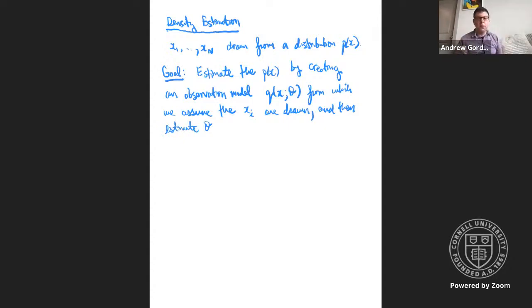So let's consider a few concrete examples of this. So let's say we just have a bunch of points. Let's be pretty abstract. They could be like people's heights, whatever we like. And we assume that they're drawn from some distribution. So maybe it's a Gaussian distribution, maybe it's something totally different. But let's just suppose, for the sake of argument, that we believe that these points have been drawn from a Gaussian distribution, but we don't know the parameters of that distribution. So we don't know its mean, we don't know its covariance matrix.